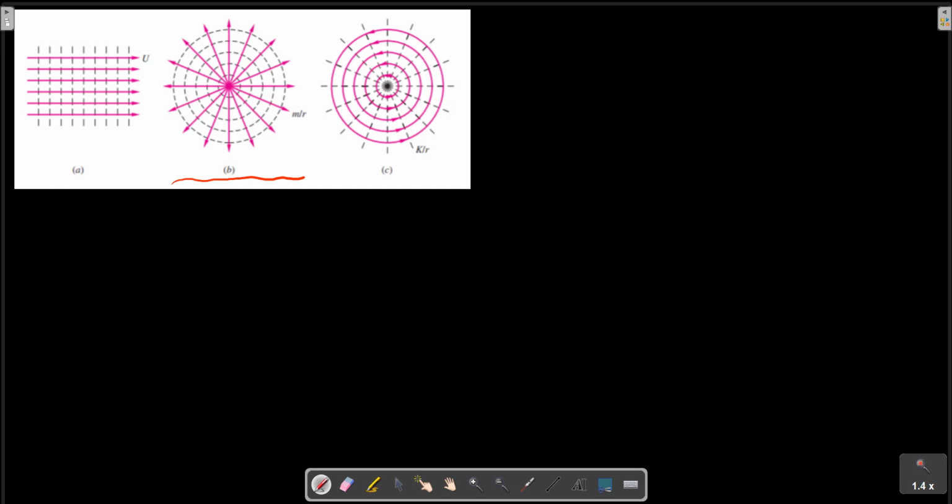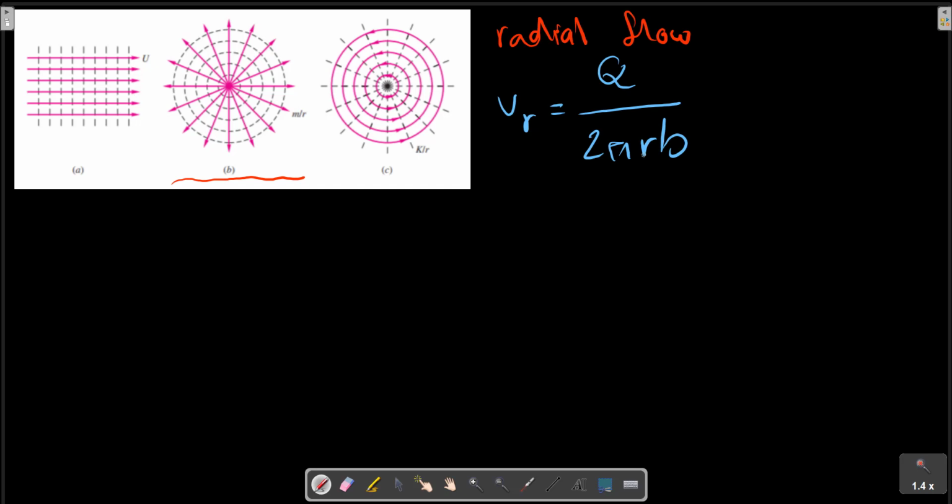So in this case we have radial flow, where Vr equals the volume flowed from the source to the sink over the area, which equals m on r, where m equals Q on 2 pi b. At the end we have this relation for Vr.